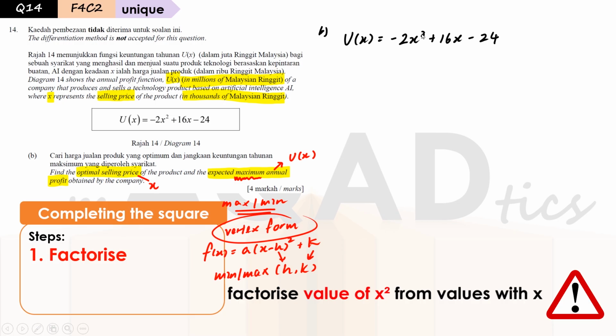Okay, so means I need to take out negative 2 from these two values. So if I take the negative 2 out, it will be something like this. Negative 2 divided by negative 2 gives 1 here, and 16 divided by negative 2 gives negative 8. The value on the outside, we don't need to do anything, so we just remain. Alright, so this is the first step. Factorize using the value of x squared.